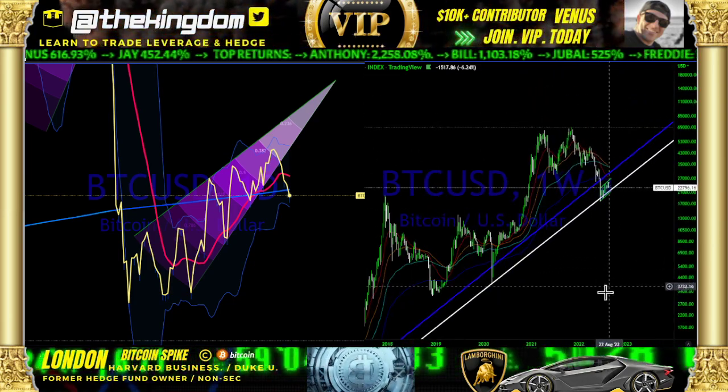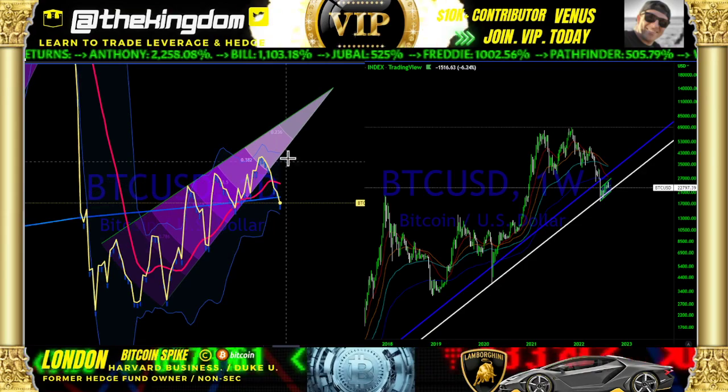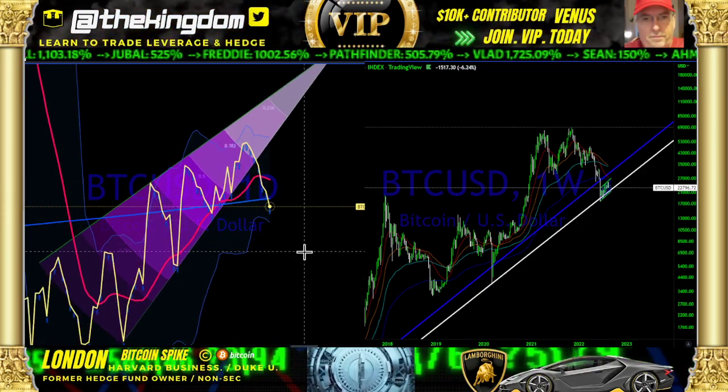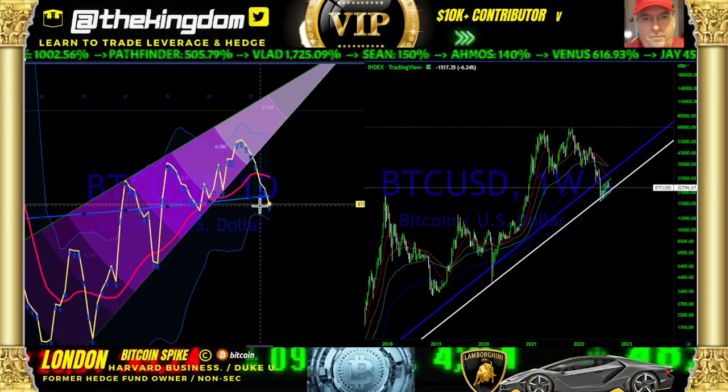So as we look at the features here, technically there's a probability for us to throw back if we look into this daily time frame. The bulls are not excited about losing this 200 weekly moving average right now.